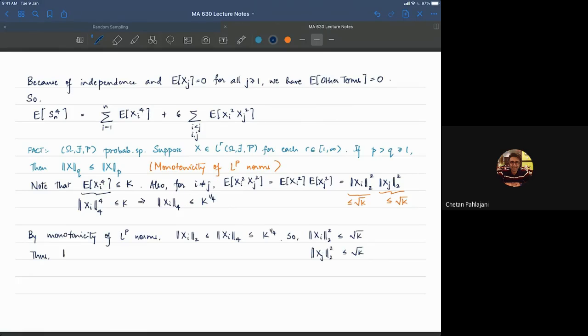So thus E of xi squared xj squared is less than or equal to K. So far so good.